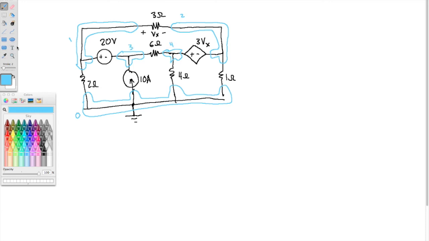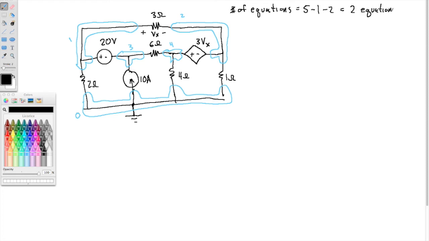All right, how many equations will we need to solve this circuit? Well, we have 5 nodes, minus 1 for ground, minus 2 voltage sources. So that leaves us 2 equations here.